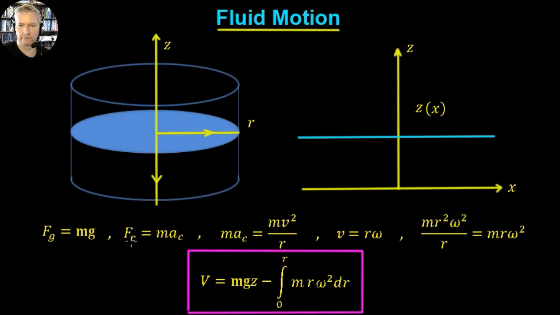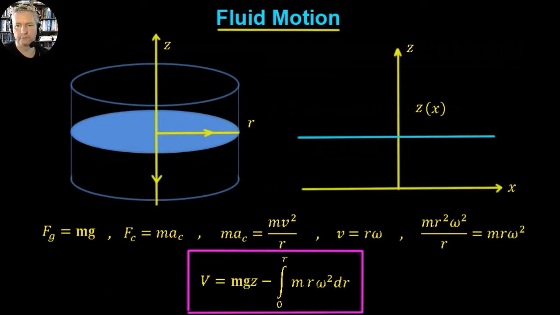So that centrifugal force is Fc, and it's going to be the mass times the centrifugal acceleration, so m a_c. But we can write the centrifugal acceleration as the velocity squared upon r, and if we define the velocity as r omega, then the centrifugal force is going to be m times r squared omega squared upon r. So we just put this r omega in for the v squared there. Cancelling out the r's, you end up getting m r omega squared.